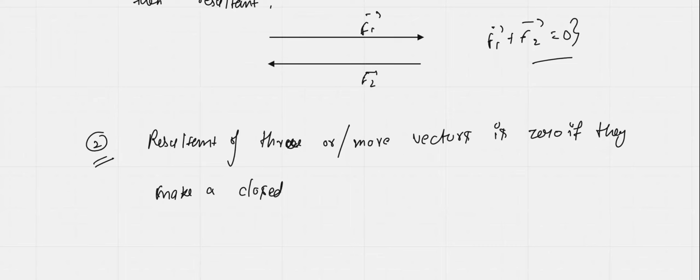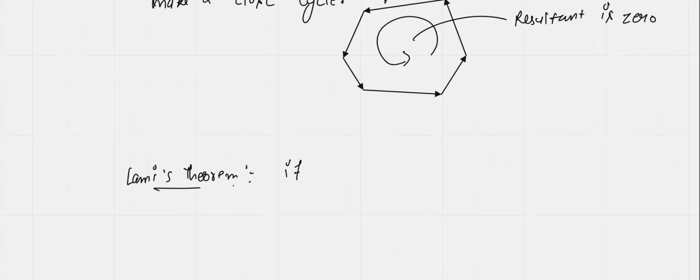The third thing we have to study is Lami's theorem. Lami's theorem is very important. It is only for three vectors.